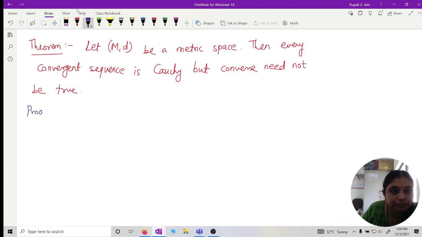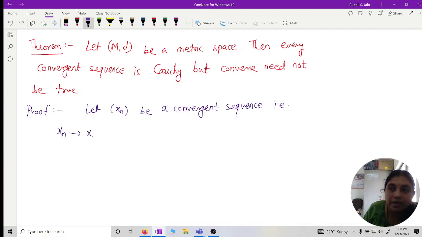Proof. Let xn be a convergent sequence, that is, xn converges to x for some x belonging to M. And what do we want to show? We want to show it is a Cauchy sequence, right?